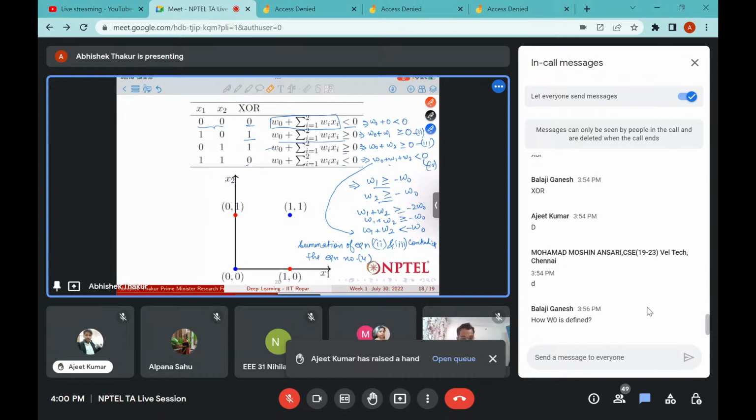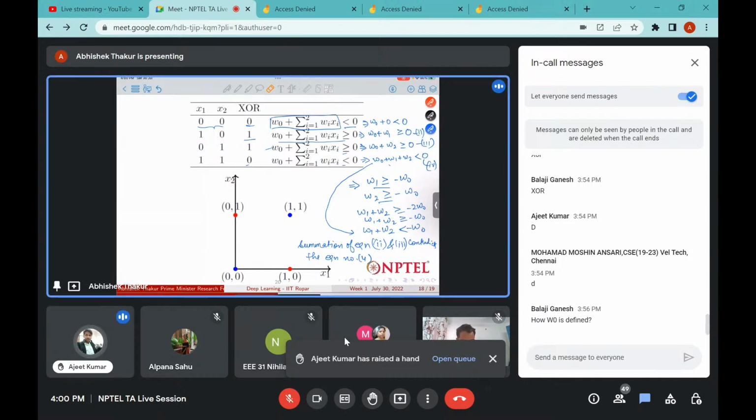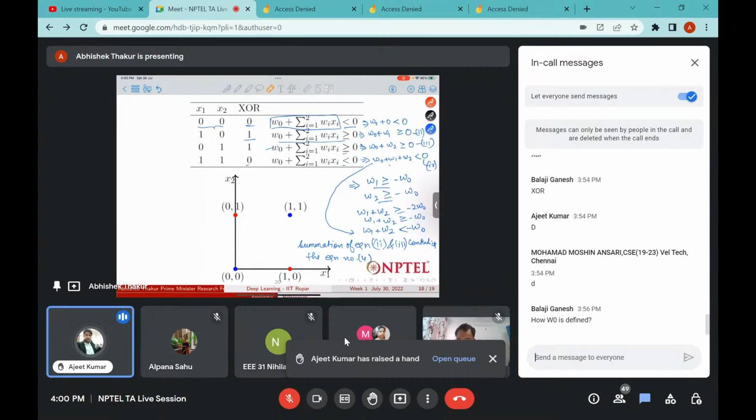So any doubt? I have a doubt. Ajit Kumar, yes. If we have non-Boolean inputs, the inputs may be such that some are most important and some are less important. Then the weights assigned to each input define how important the inputs will be.